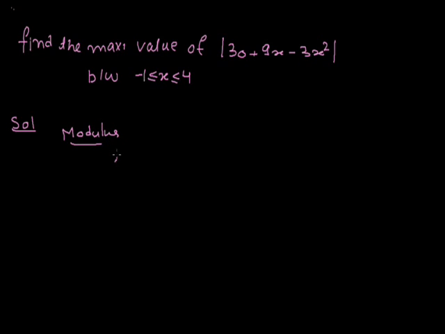Let's say f of x is a modulus function, then it is defined as f of x equals x for all x greater than or equal to 0, and minus x for all x less than 0. That means it is the function that gives output as x when the value inside the modulus is positive.